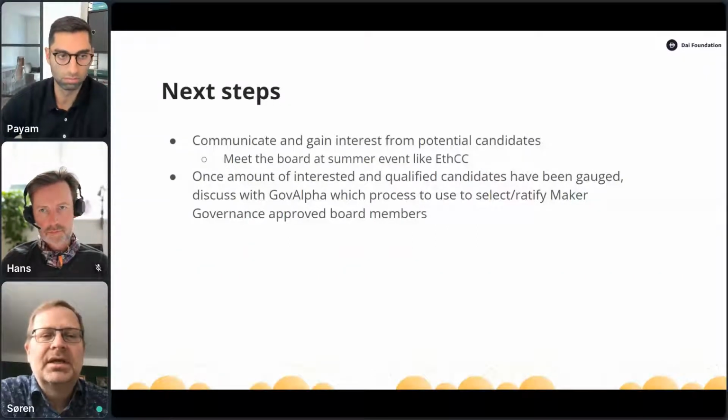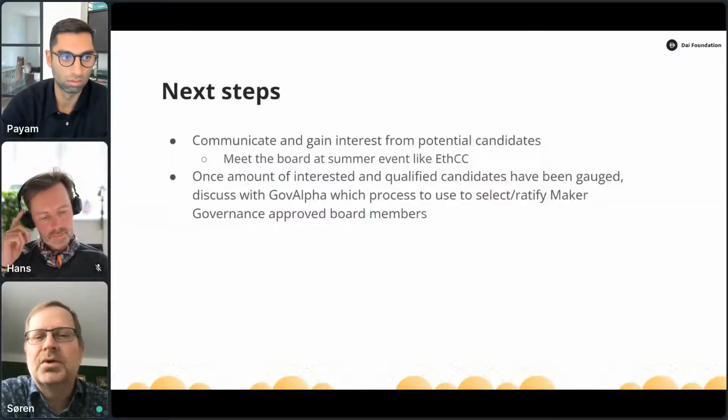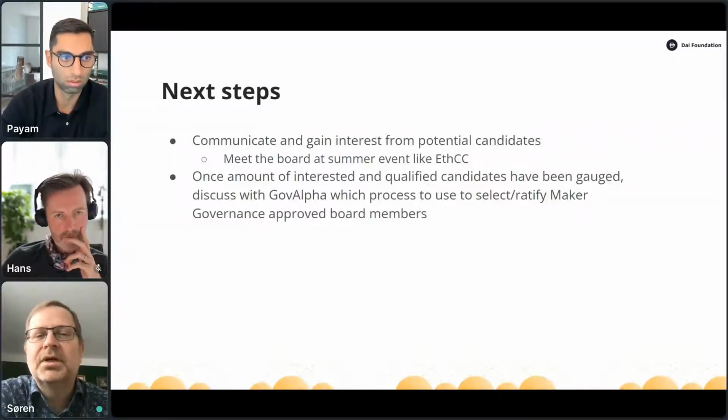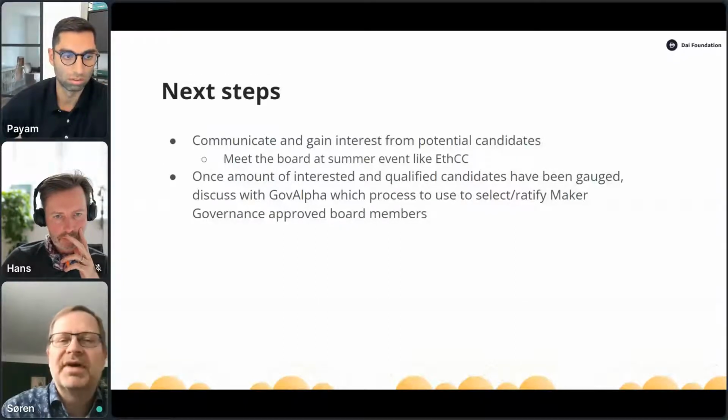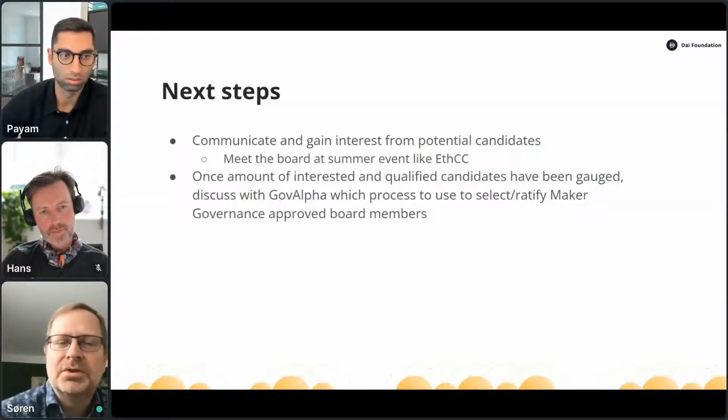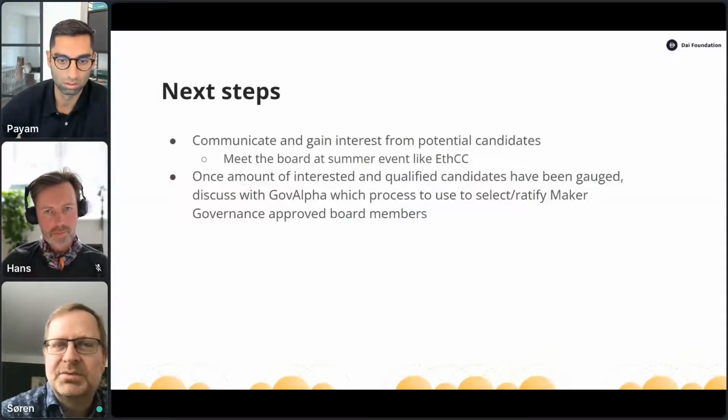conference at an event. And then, as we hopefully get a lot of interested and qualified candidates, we'll see how big the interest is, and then discuss with GovAlpha which process to use going forward. Because if there's a lot of interest, then it is up to Maker Governance to do some kind of selection.